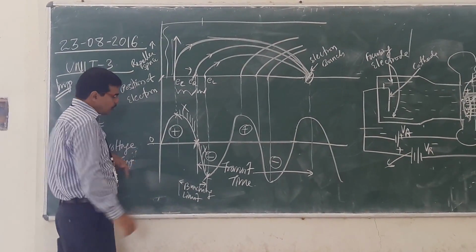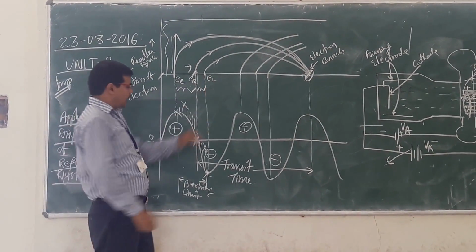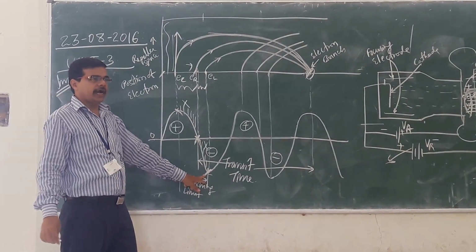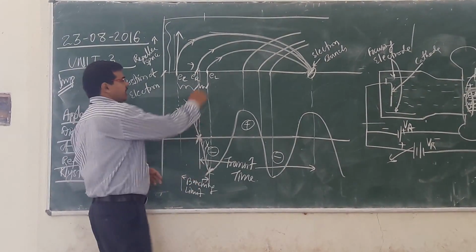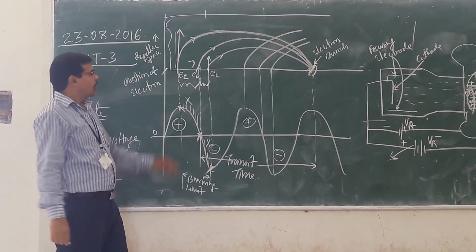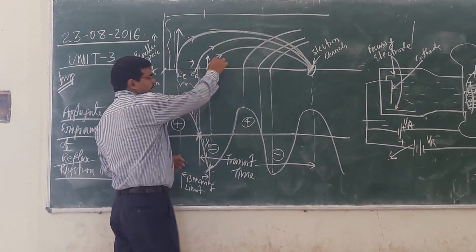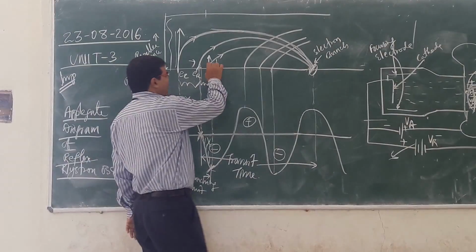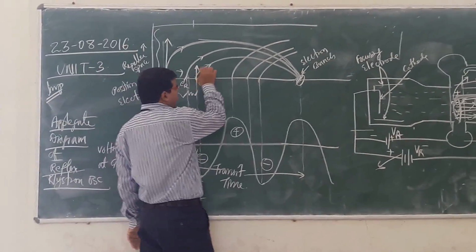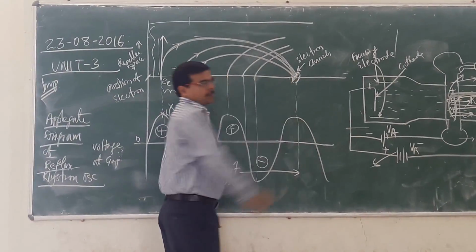Similarly, you have the late electron. When it reaches the gap, the voltage was negative. As the voltage was negative, it will move towards the repeller, but it will cover less distance compared to your reference and early electron, and again it will also return back.